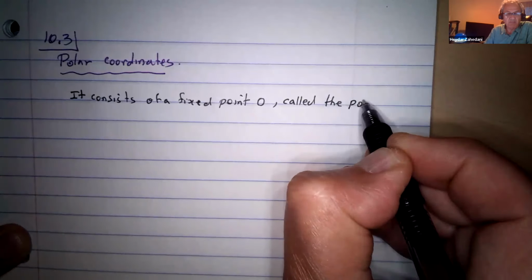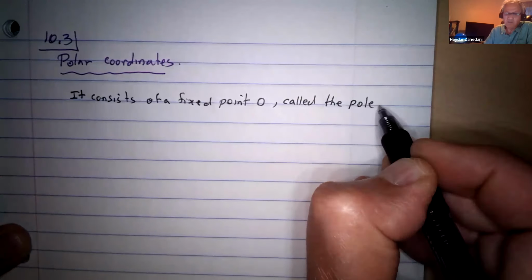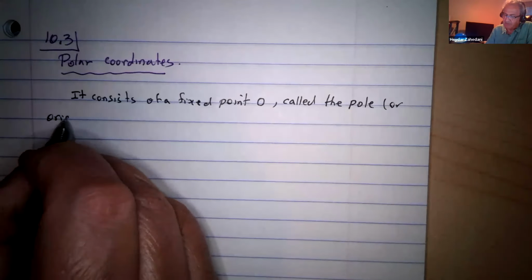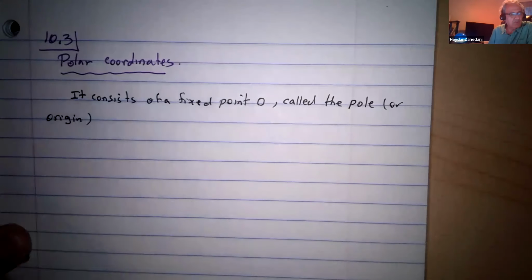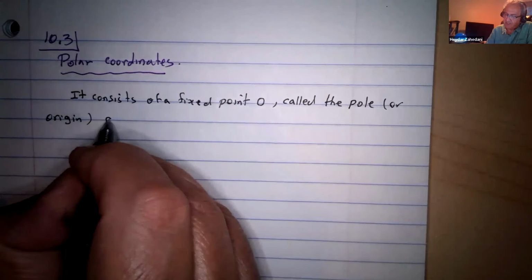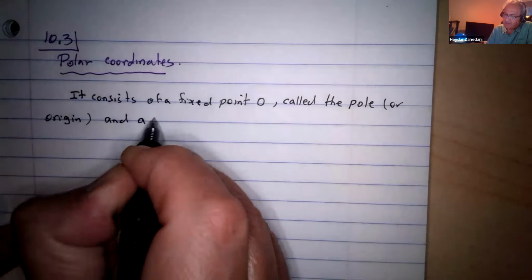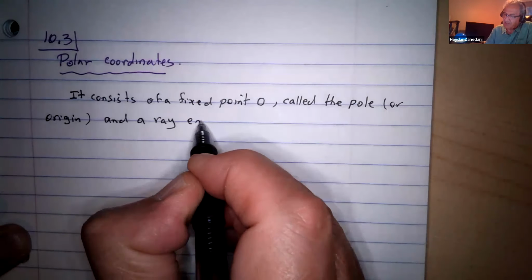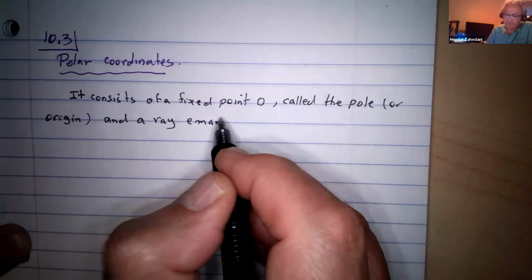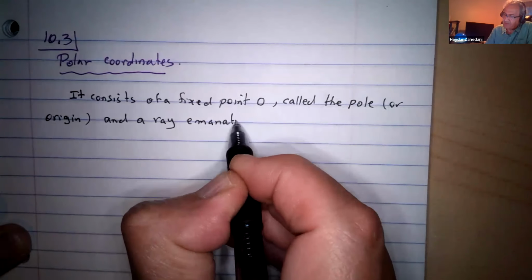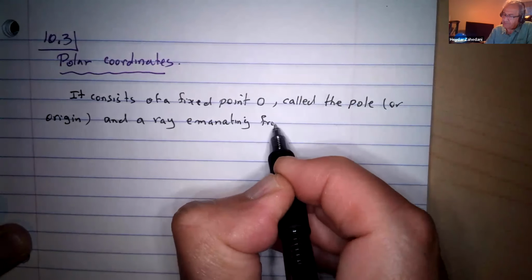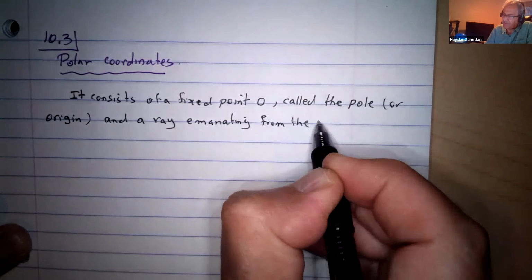We call it the pole, or the origin, but I prefer the pole, and a ray, a line, emitting from the origin, from the pole.